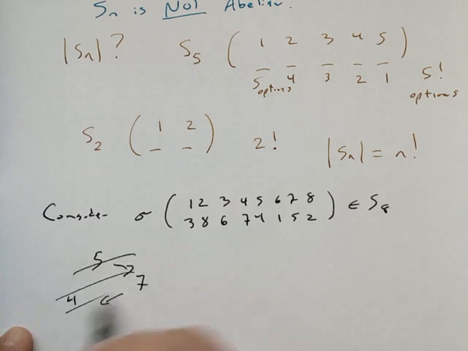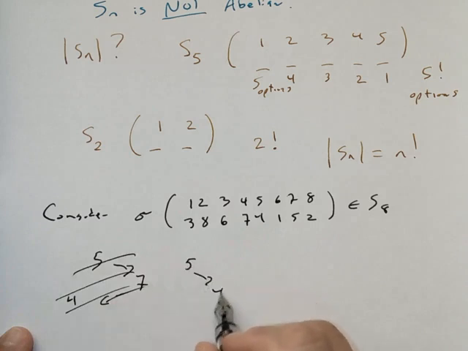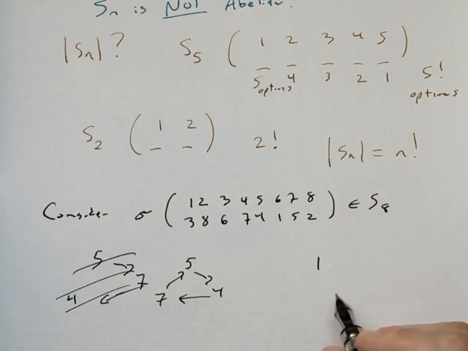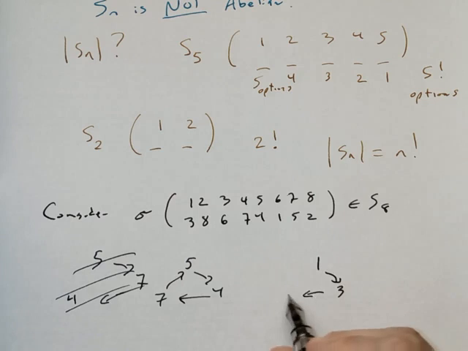Nope, I wrote that backwards. 5 goes to 4, 4 goes to 7, 7 goes to 5. I even drew it like a little wheel. Now, clearly, I've not exhausted all the numbers between 1 and 8, so pick a number that's not listed there. 1. What happens to 1? 1 goes to 3. 3 goes to 6, goes back to 1.